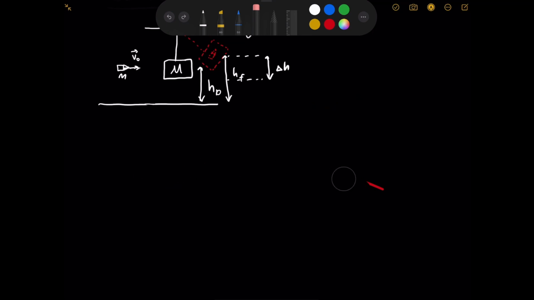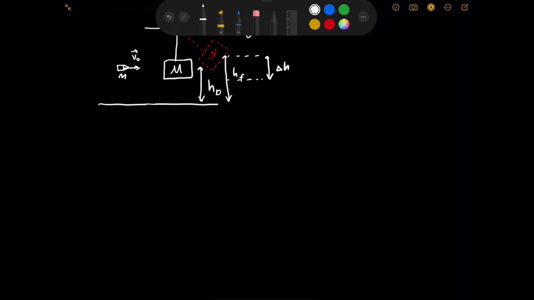Okay, so what do we do then? Well, even though the energy is not conserved before and after the collision, and I keep saying energy, I'm referring to the mechanical energy. Please understand that, okay? My bad. Even though the mechanical energy is not conserved during the collision, after the collision, it is conserved.